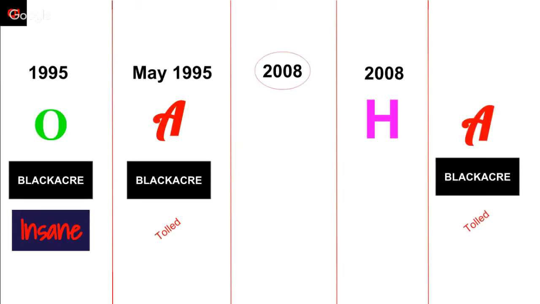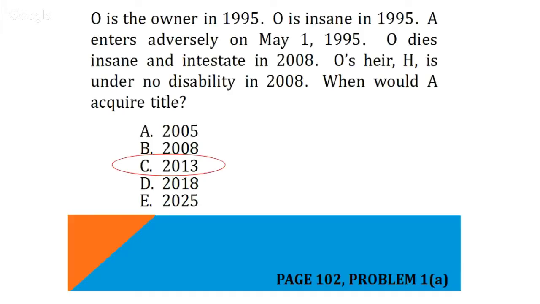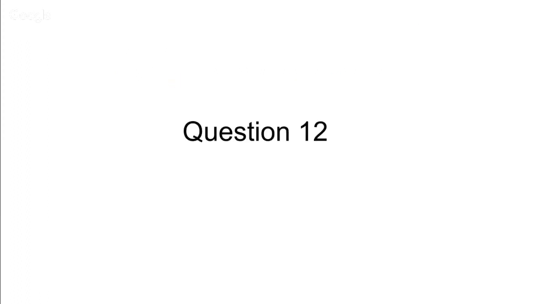So, when would A acquire title? Well, since O died in 2008, O's disability also stopped. Remember, for the rule for tolling, we had to add 5 years to the end of the disability, which is 2008. So in 2013, A should be able to acquire title. The answer is C, 2013.